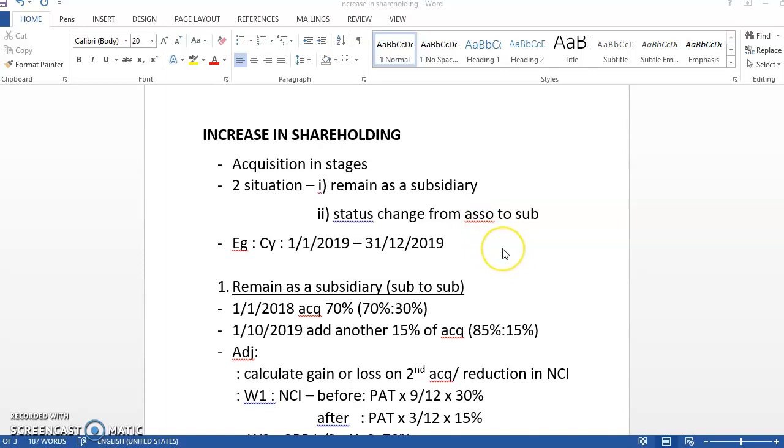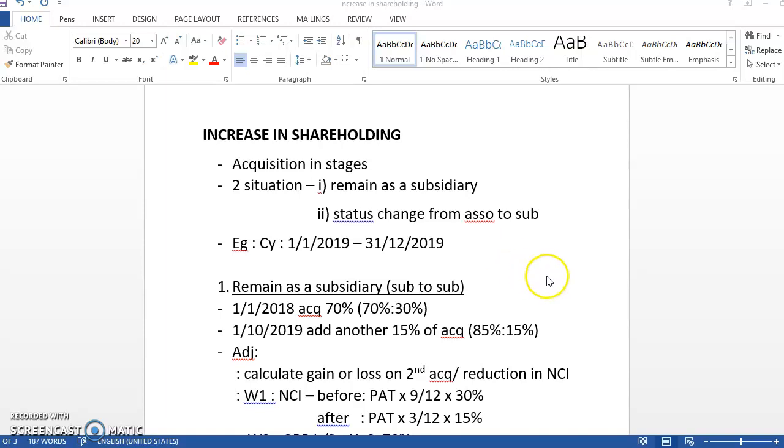The first situation is where the company remained as a subsidiary. When it remained as a subsidiary, we call it sub to sub, meaning that initially the company was a subsidiary. After they make another, second acquisition, the status of the company still remains as a subsidiary.